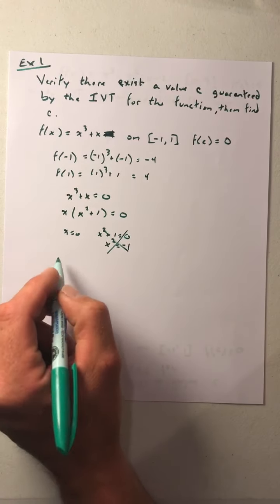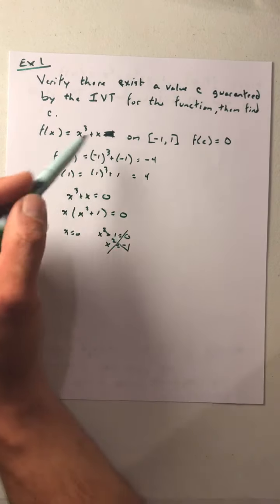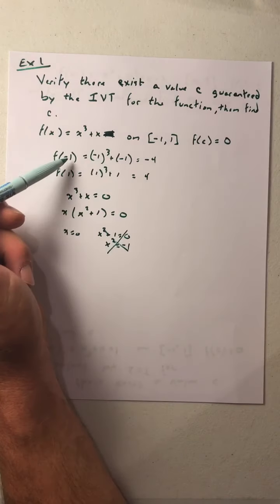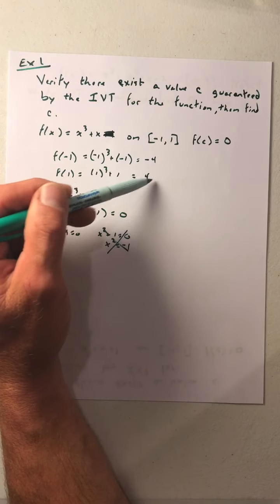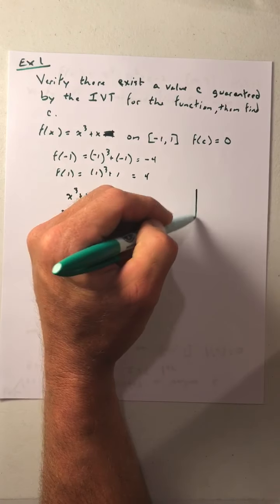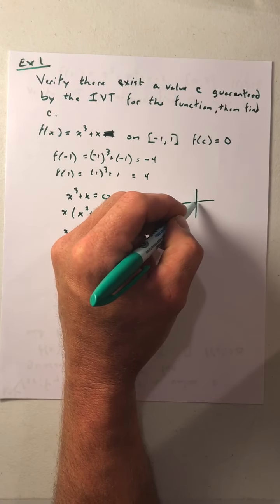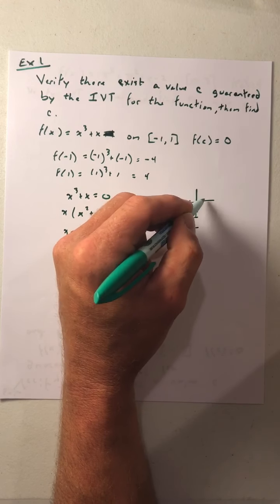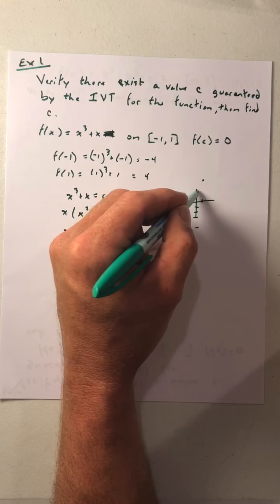So we know by the IVT that there's going to exist a 0 between -1 and 1 because the values were -4 and 4. Here at -1, we were down here at -4, and here at 1, we're up here at 4.